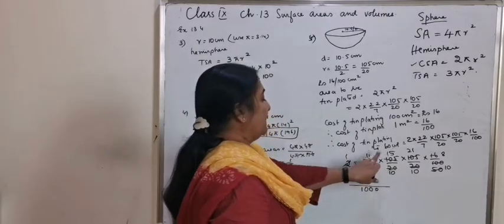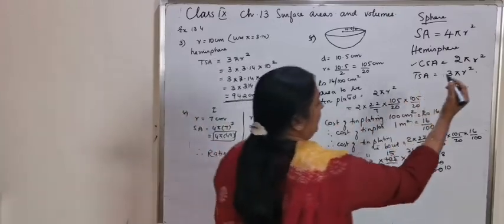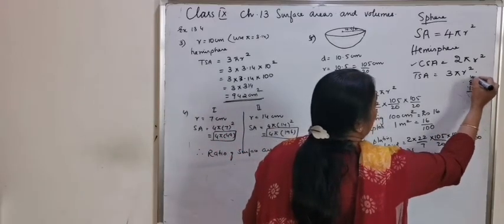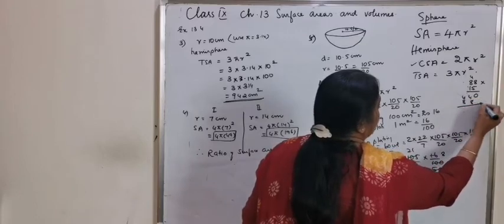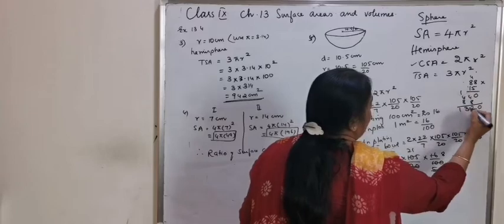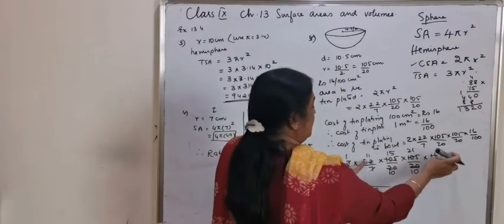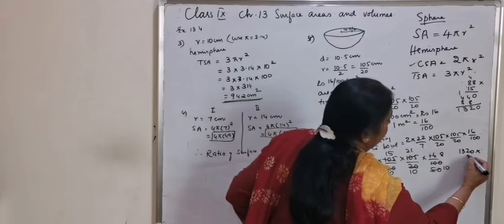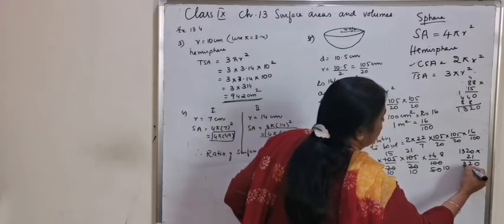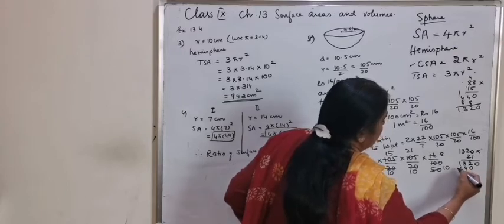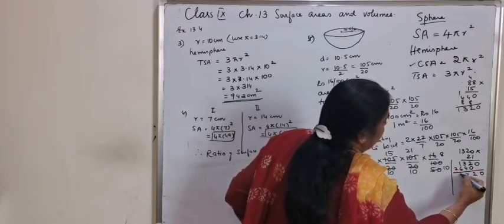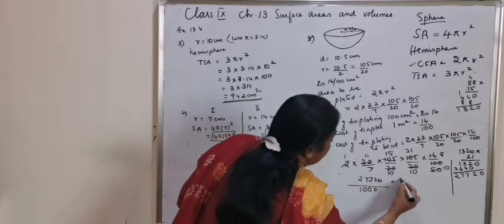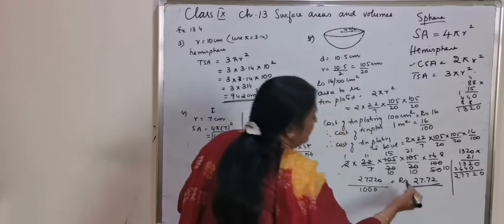So 11 into 8, 88. 88 into 15, 8 5s are 40, 44, 1 is 8, 8, plus 4, 1320. 88 into 50, 1320 into 21. That comes to 27720 divided by 1000, which means rupees 27.72.